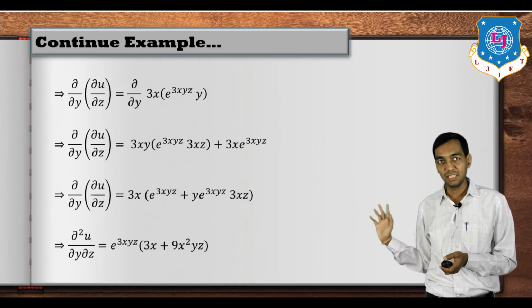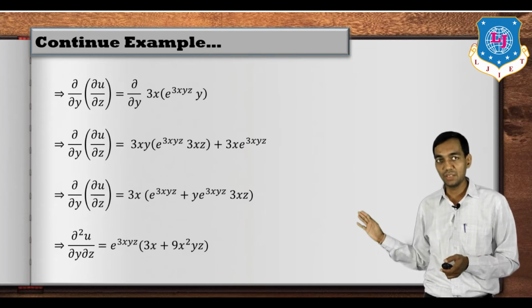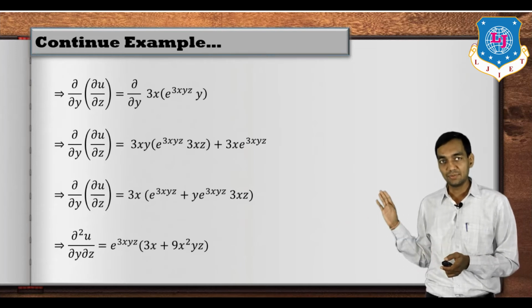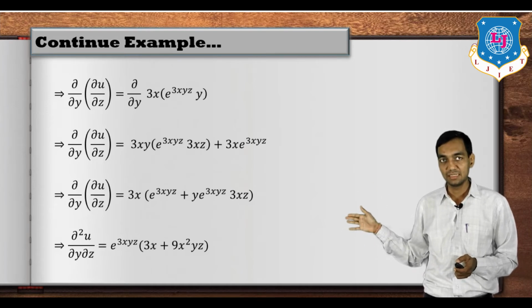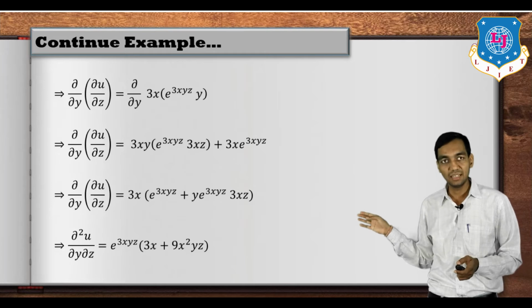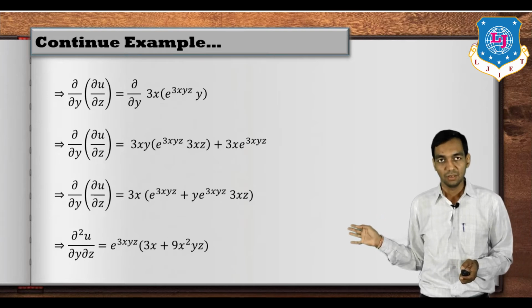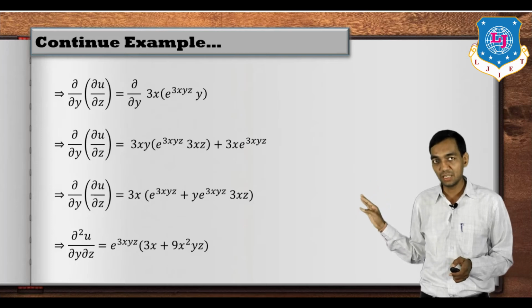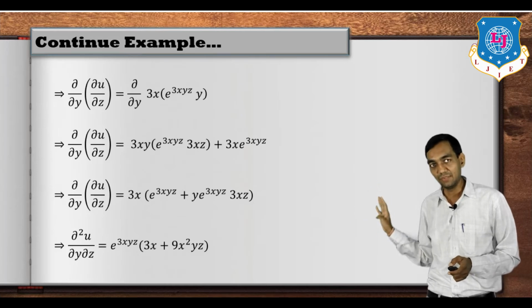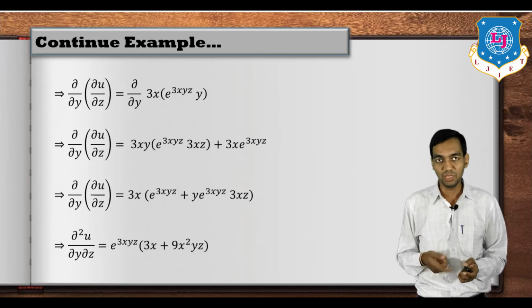Now if you are differentiating with respect to y, then you have to apply the u into v rule. So first y is kept as it is and the derivative of e raised to 3xyz is e raised to 3xyz into 3xz. In the same manner, secondly, e raised to 3xyz is kept as a constant and y has a derivative 1 with respect to y.